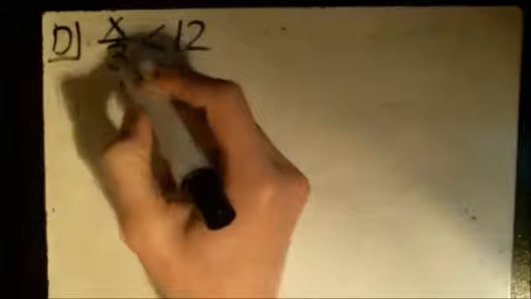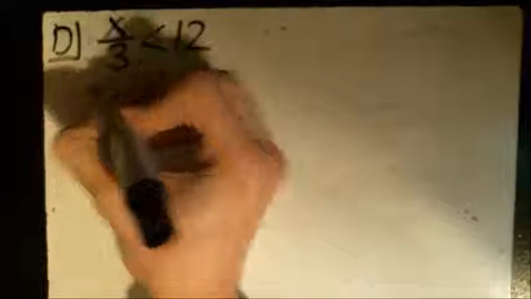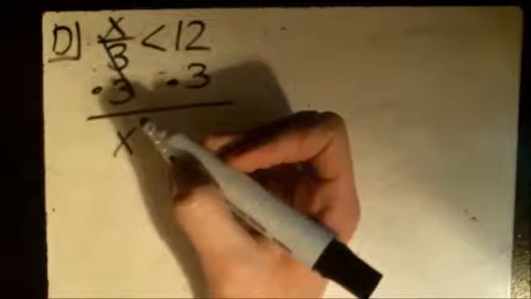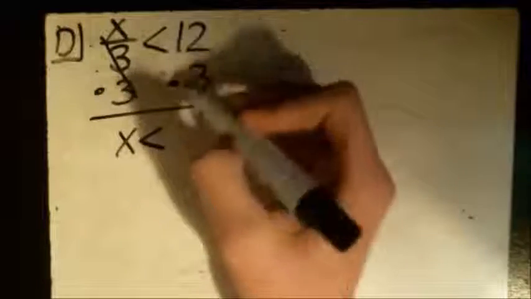So I need to multiply both sides by 3 to get rid of this x over 3. If I do that, these 3's cross each other out, so I'm left with x. And I multiplied by a positive, so I'm not going to flip the sign. The sign stays the same, and 12 times 3 would be 36.